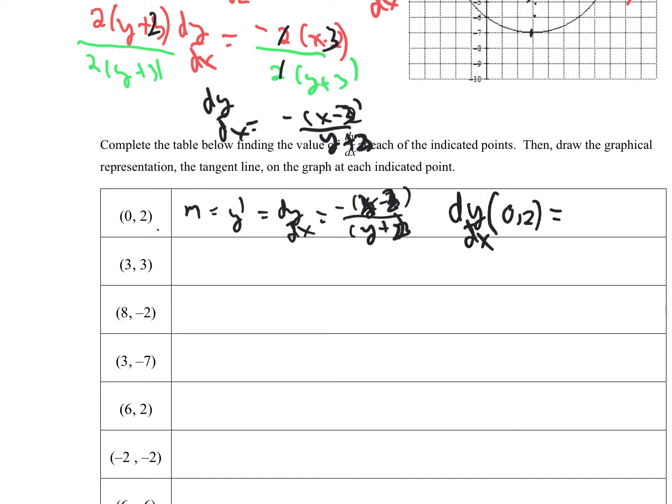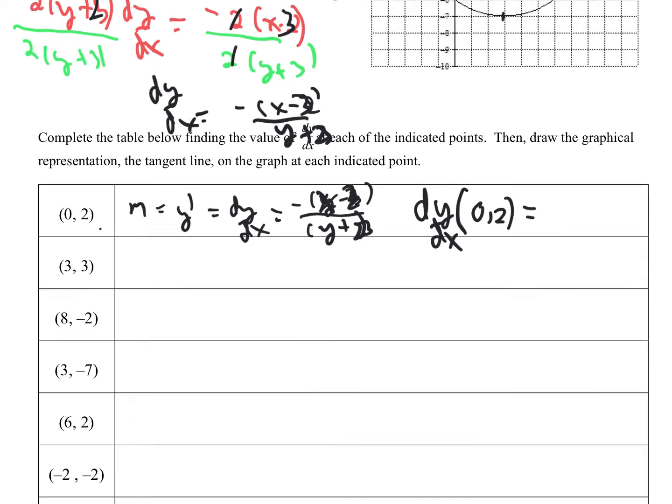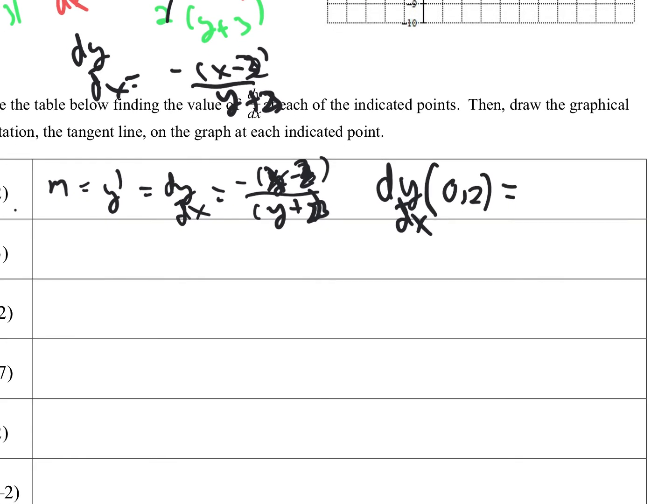So in the top, if x is 0, 0 minus 3 just gives me a minus, minus 3 is 3, over the 2 plus 2 is 4.